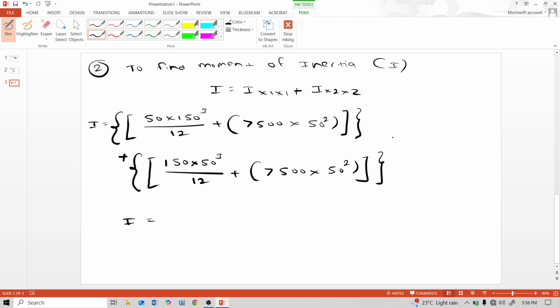Now the first curly bracket, 7500 multiplied by 50 square plus 50 multiplied by 150 cube divided by 12, is 32.81 into 10 raised to 6, plus the second curly bracket, 7500 multiplied by 50 square plus 150 multiplied by 50 cube divided by 12, is 20.31 into 10 raised to 6.